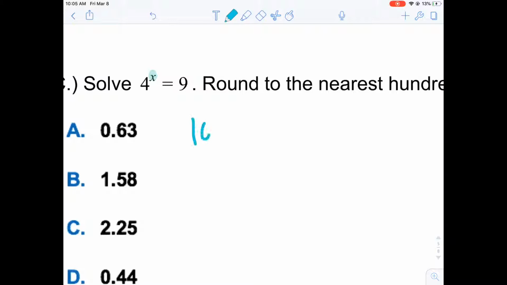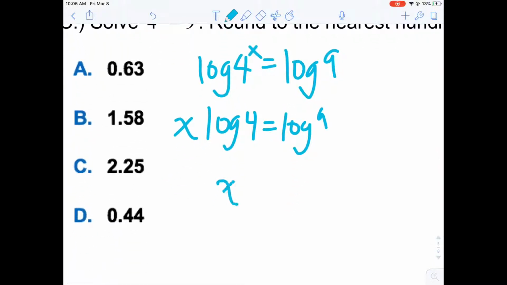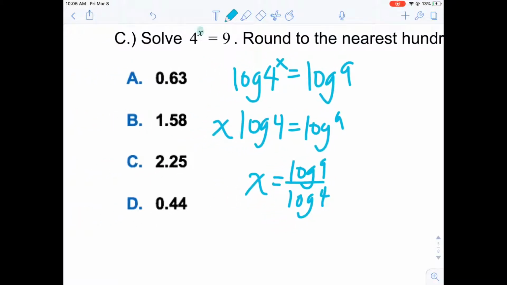Let's just use the common log. We're going to take that on both sides. So this x gets pulled out in front, and then we just divide by log of 4. Plug that in, we get approximately 1.58.